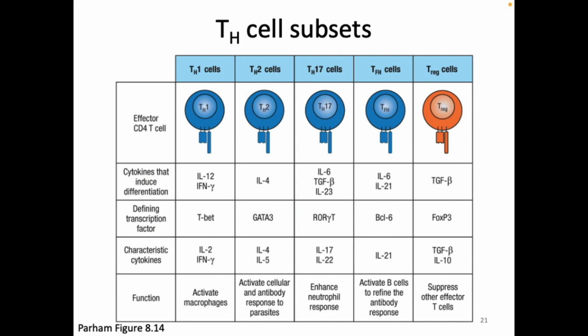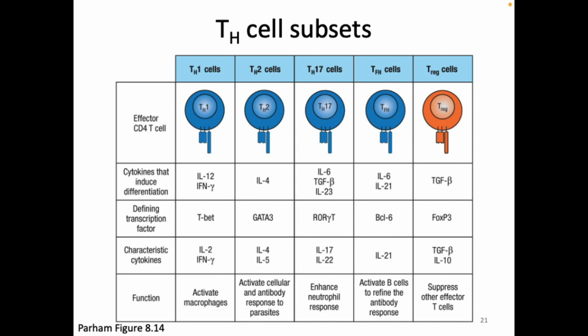When I am grading anything related to this on an exam, while I'm going to focus on one cytokine for this scenario and this scenario, if you write one of the other ones that's in your textbook, like I'm going to talk about IL-4, but if you just write IL-5 for this one, you get credit. So note that this is what I'm going to go with as the correct answers, even though I'm going to focus on one particular cytokine in some of these situations.